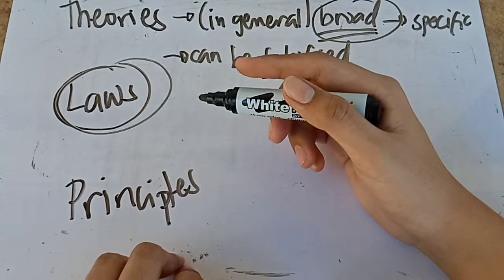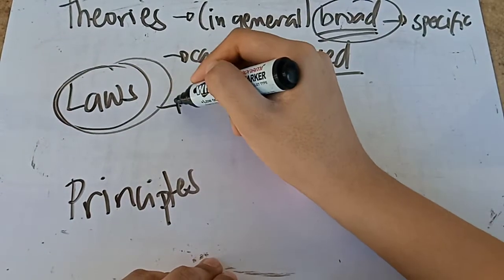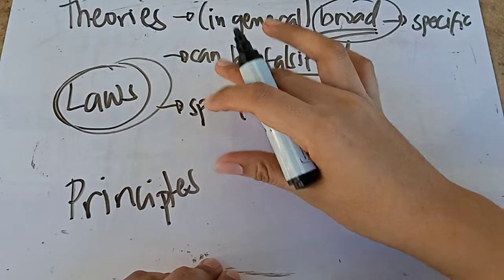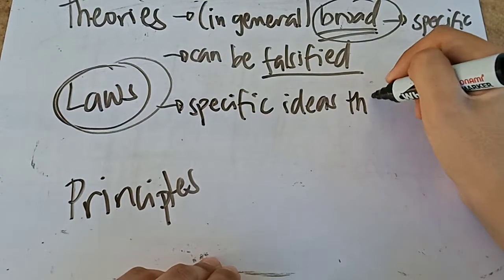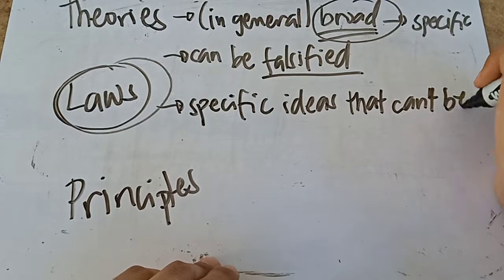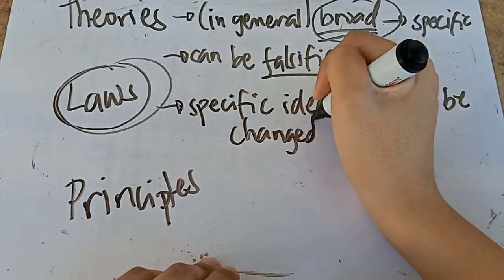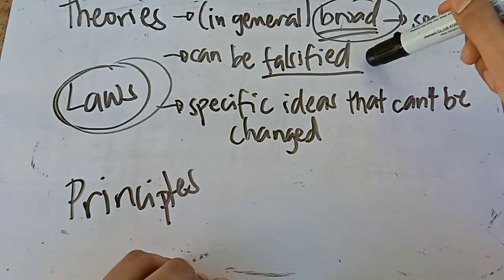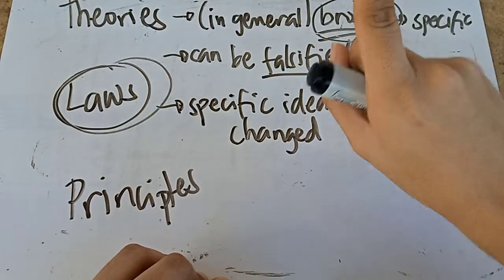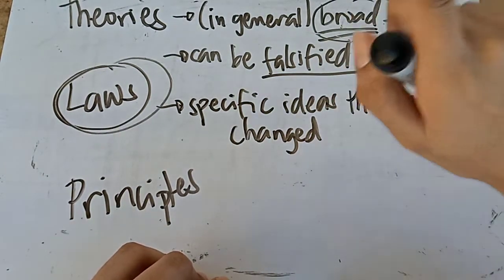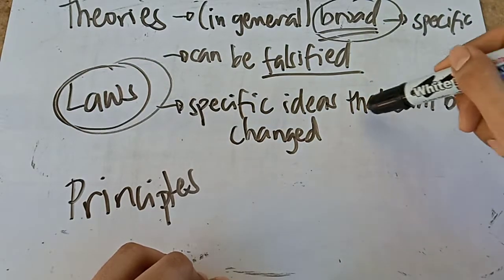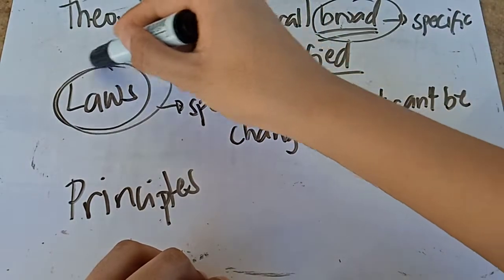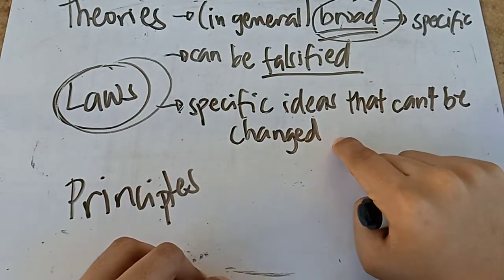So laws are specific ideas derived from theories, and these specific ideas can't be changed. Why can't they be changed? Remember that theories can be rejected, they can be falsified. But once the theories are accepted, you form laws that cannot be changed anymore.